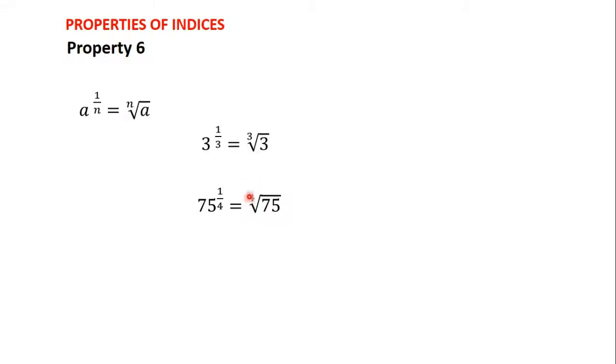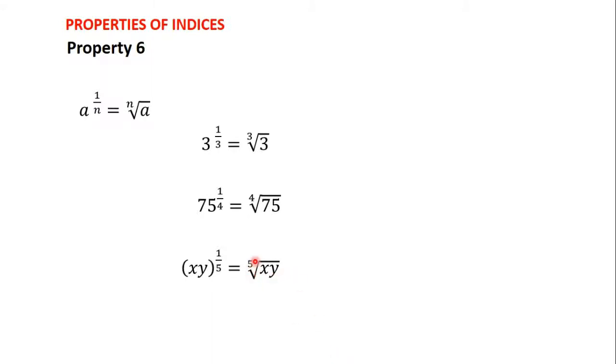So if you see this anywhere, it means 75 exponent 1 over 4. In the same way, if you see 75 exponent 1 over 4, it can also be written as the 4th root of 75. If you have xy exponent 1 over 5, it means the 5th root of xy.